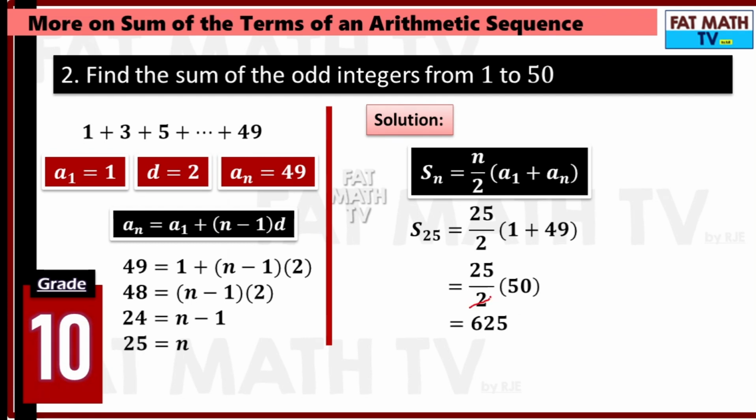So we can cancel here 2 and 2. This is going to be 25. So 25 times 25 is 625. So the sum of the odd integers from 1 to 50 is 625.